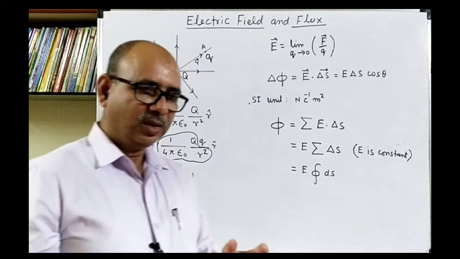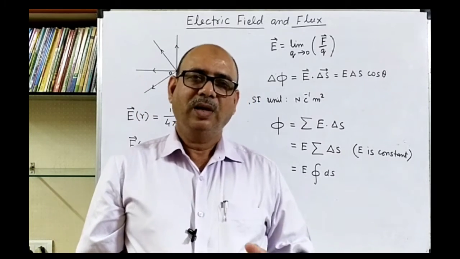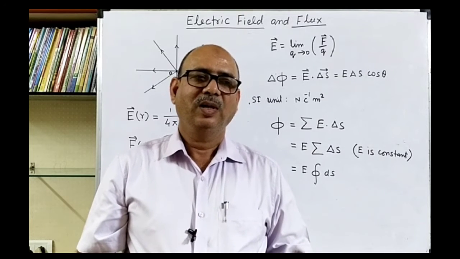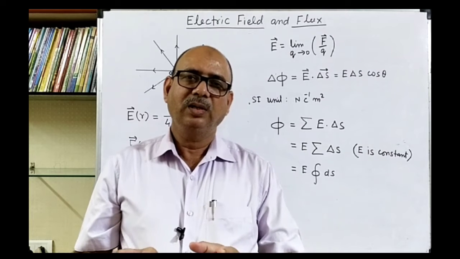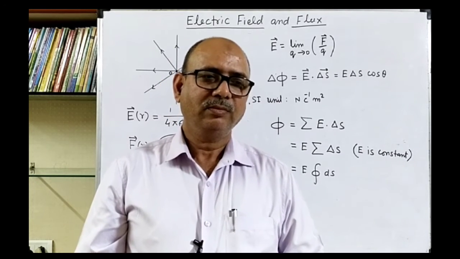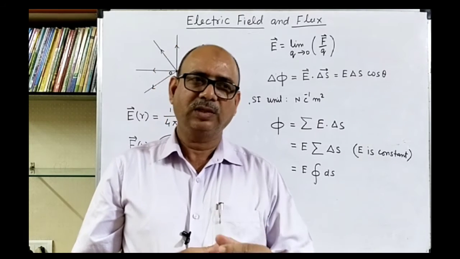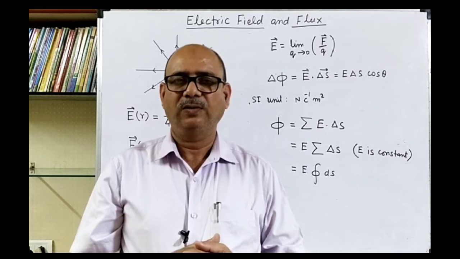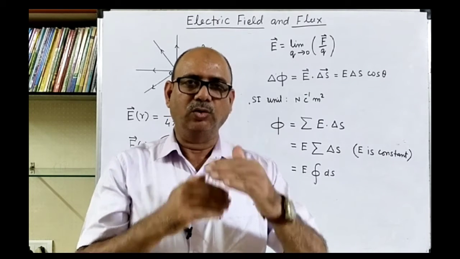Now the question arises: we have an electric field and we have a surface. How will the electric flux depend on the electric field and the area? If we increase the electric field intensity, or the magnitude of the electric field, then the electric lines will come closer.